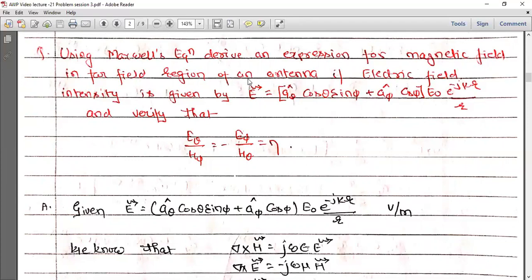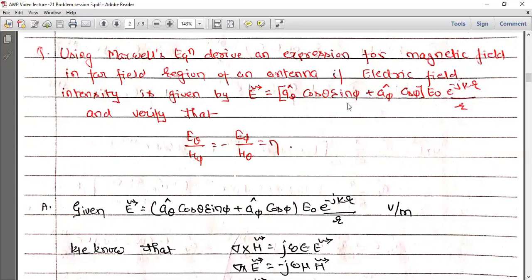You have placed an antenna at the origin, and it is radiating an electromagnetic field. At any point in the far field of this antenna, the electric field is given by this particular expression. Once you have the electric field intensity, your objective is to find the magnetic field.